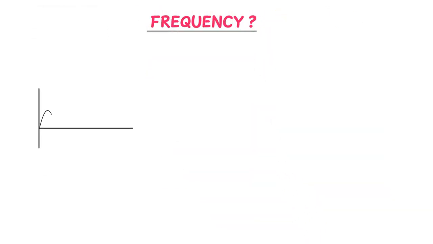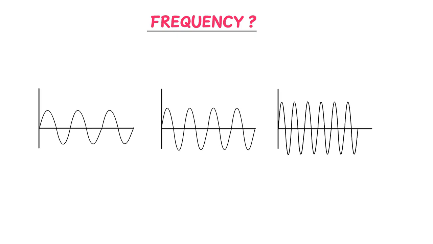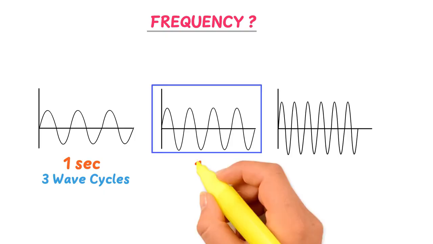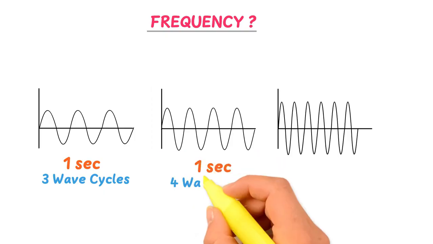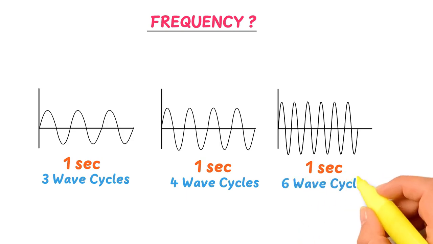Finally, let me teach you what is frequency. Well, consider the motion of these 3 waves. Let in 1 second, this wave completes 3 wave cycles or 3 oscillations. This wave in 1 second completes 4 wave cycles or 4 oscillations, while this wave in 1 second completes 6 oscillations or 6 wave cycles.